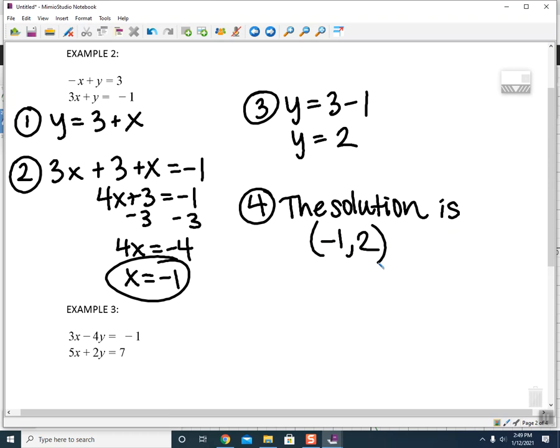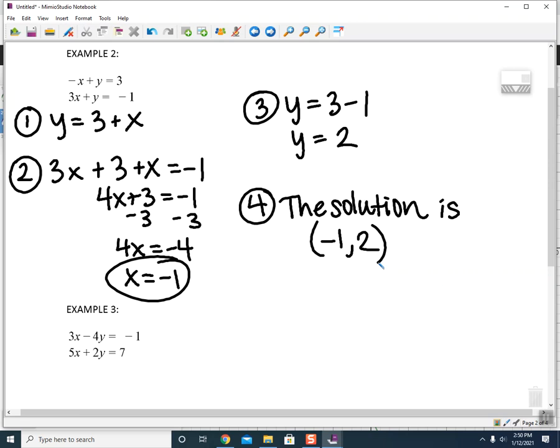There's a really easy way for us to check to make sure that our answers are correct. When we are looking at the solution of a system of equations, we talked about how lines only intersect once, right? They intersect at one point. So if this is the solution, that means that negative 1, 2 is going to work in both equations. It'll make both equations true.